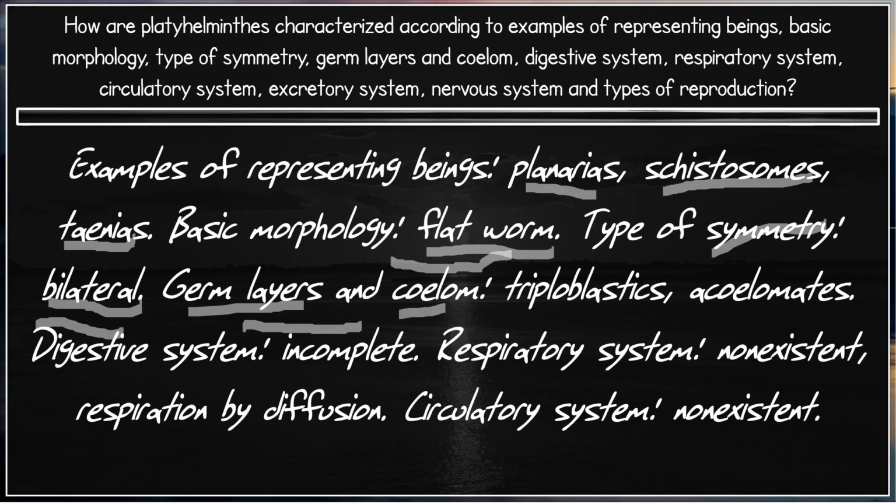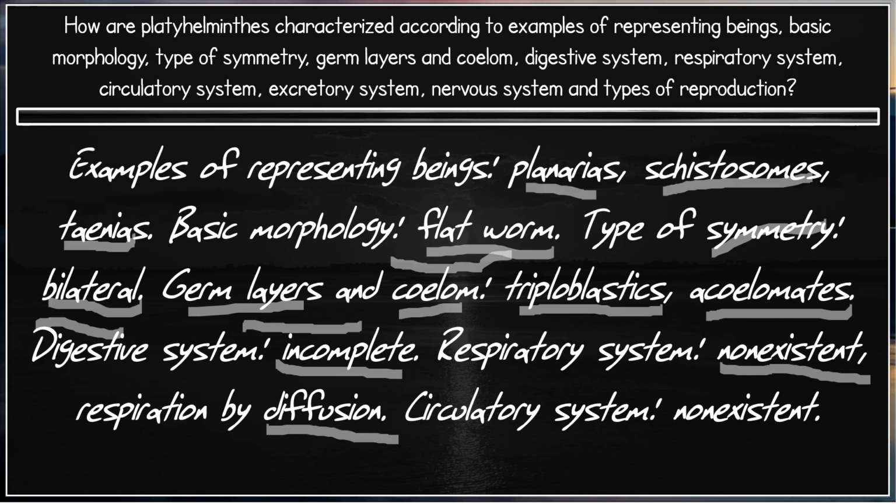Germ layers and coelom, they are triploblastic, acoelomates. Digestive system is incomplete. Respiratory system non-existent. Respiration is by diffusion. Circulatory system non-existent.